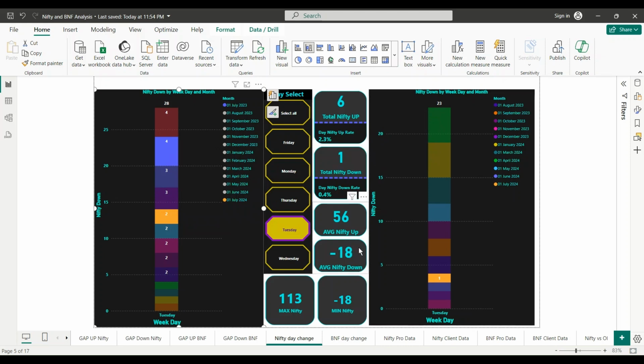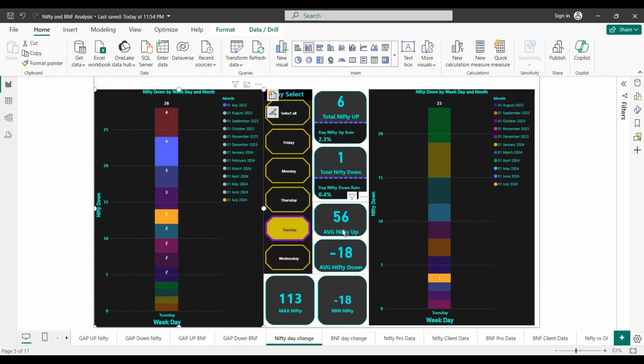The average negative is very minimal, and positive is 56. Max and min also vary. So this data shows that on a Tuesday in July, Nifty is highly positive. 6 times up, 1 time down, so almost 6 times high probability, and 113 and 56 are both positive numbers. Even if it goes down, it goes down very minimally. So close your eyes in July, trade positive, and you'll be profitable.